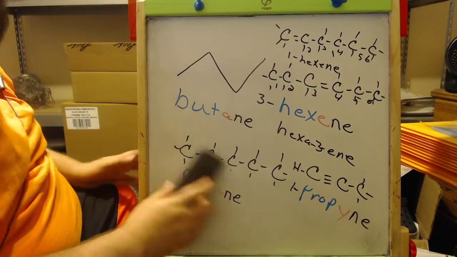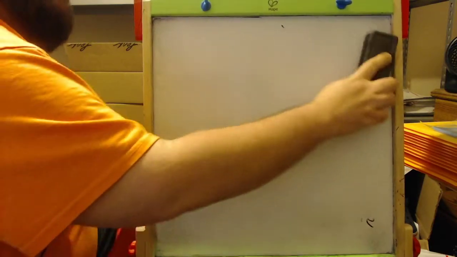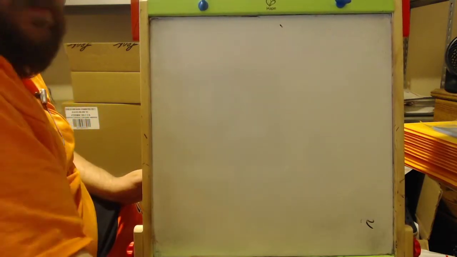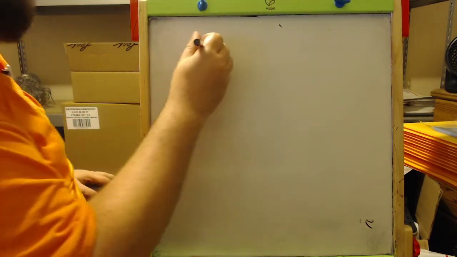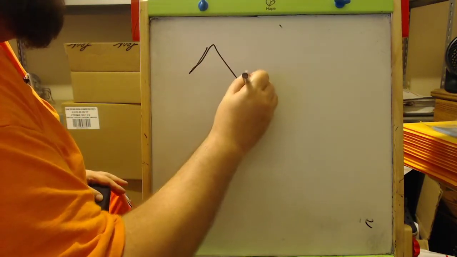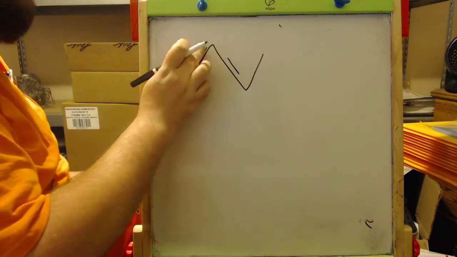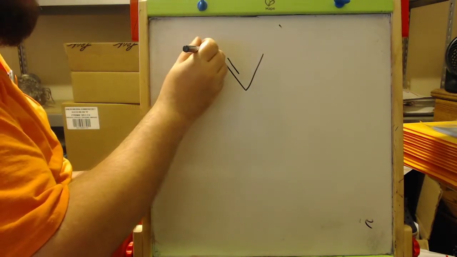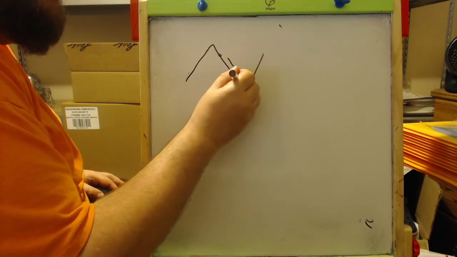All right, so let's look at a little bit more challenging. Now, let's do a line drawing. And I'm going to do it this way. Boom, boom, boom. And put a double bond here. Now, we have to remember with our line drawing that the new way, there's actually a carbon here and here.